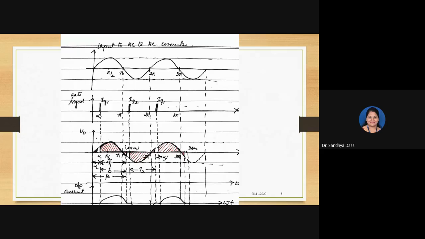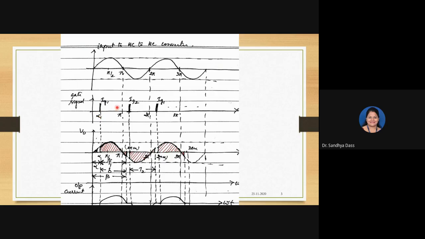So imagine this is the gate pulse that you are applying to the gate terminal of the SCR T1. I call it IG1. This pulse is given at angle alpha.